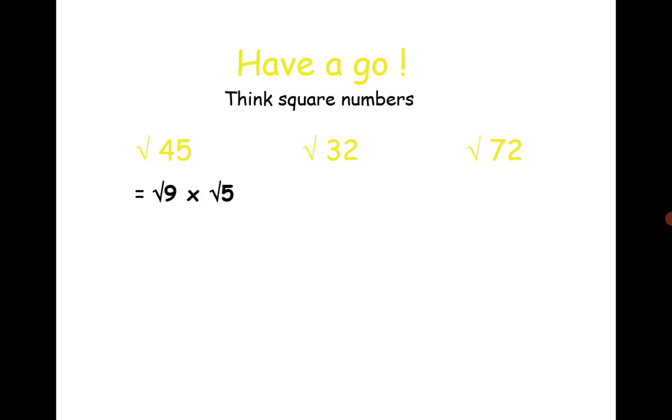All right. You should be able to rewrite root of 45 as root of 9 times root of 5. So what's root of 9? Root of 9 is just 3. Therefore, root 45 is 3 root 5.